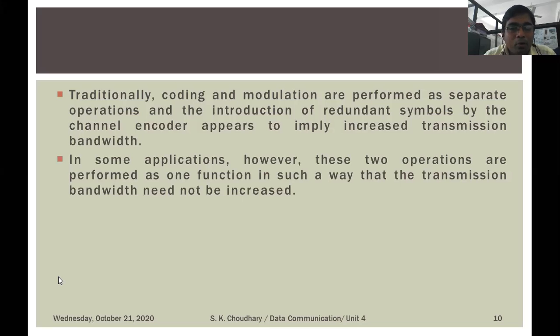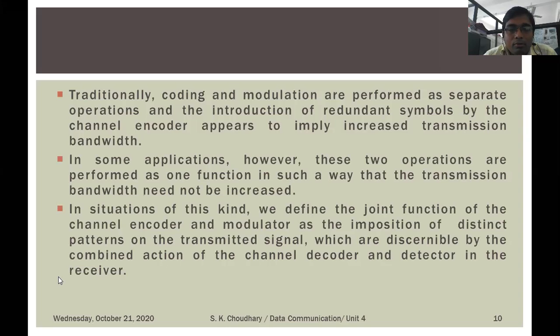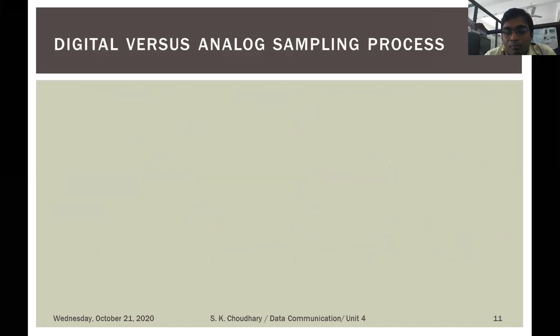So both ways are possible. When coding and modulation are performed as one joint function, it imposes a distinct pattern on the transmitted signal, which is discernible by the combined action of the channel decoder and detector in the receiver section. So this is all about the description of the block diagram of the digital communication system.